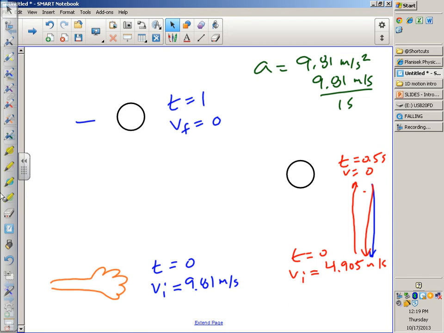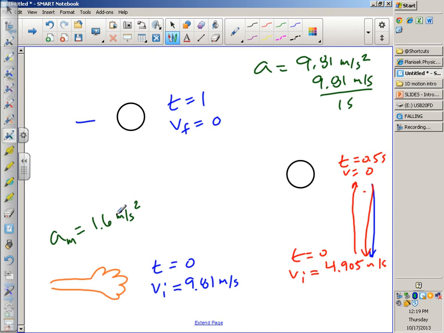The acceleration on the moon is about 1.6 meters per second squared. I'm just doing it for the sake of this demonstration.